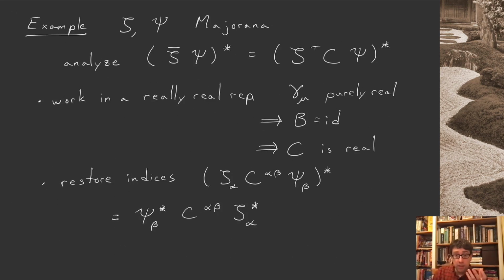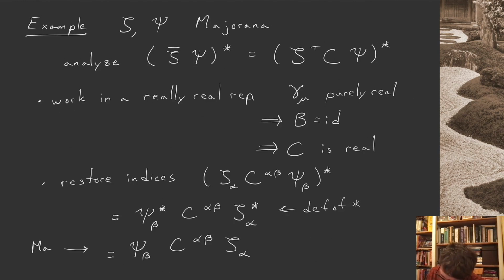And because C is real, the complex conjugate gives C back. Now we'll use the Majorana property. We know that B is the identity for this real representation, so we can just replace psi star beta with psi. We have C alpha beta zeta alpha. This was by the definition of star. This is the fact that it's Majorana.